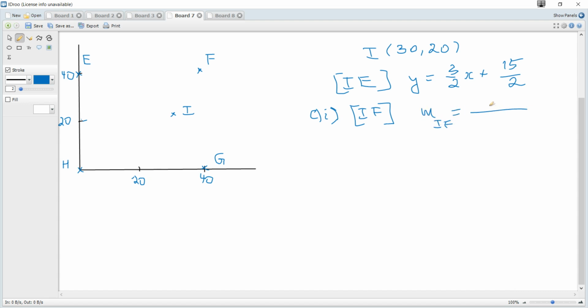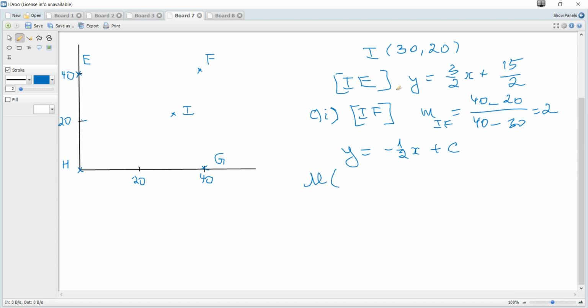The formula is given in the data booklet. It's rise over run, y2 minus y1 over x2 minus x1. So F is (40, 40), and I is 20 for y, 30 for x, and you can see it's 20 over 10, so it's 2. So our gradient is the negative reciprocal, so it's y equals negative a half x plus c, and to find c we need a point, and we use the midpoint.